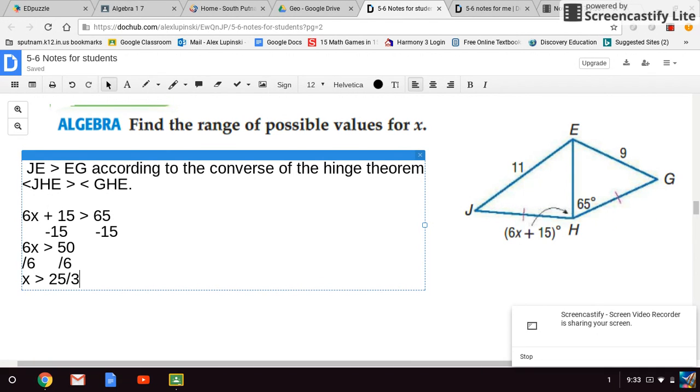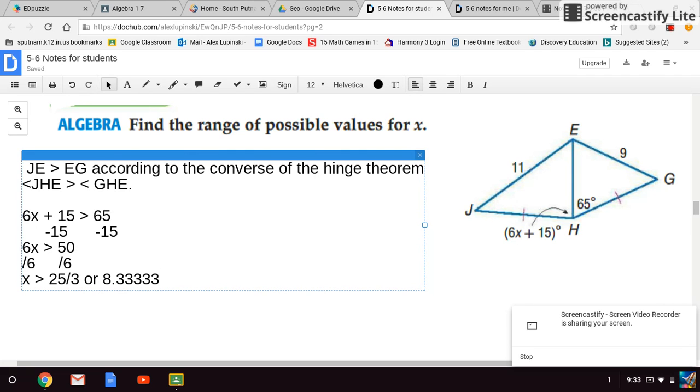So we found that. However, all this says is x is greater than 25 divided by 3, or 8.33. So that's what that's saying, is we could put in 100 for x.